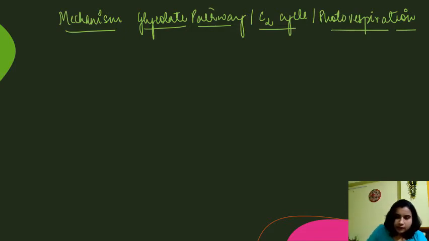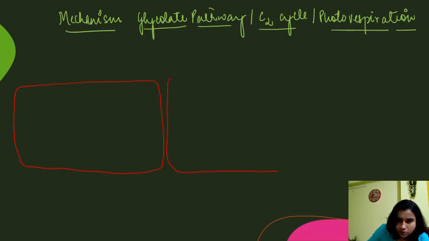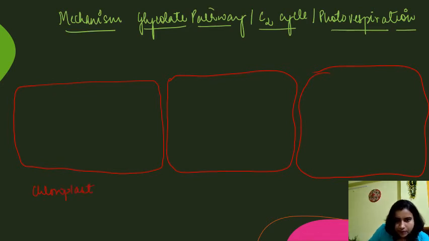So first let me draw the organelles here. Say this is chloroplast, this is peroxisome and this is your mitochondria. This is chloroplast, this is peroxisomes and this your mitochondria, right?